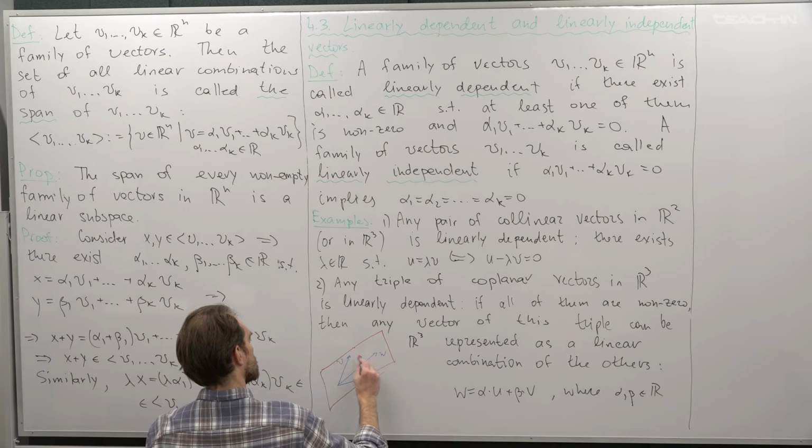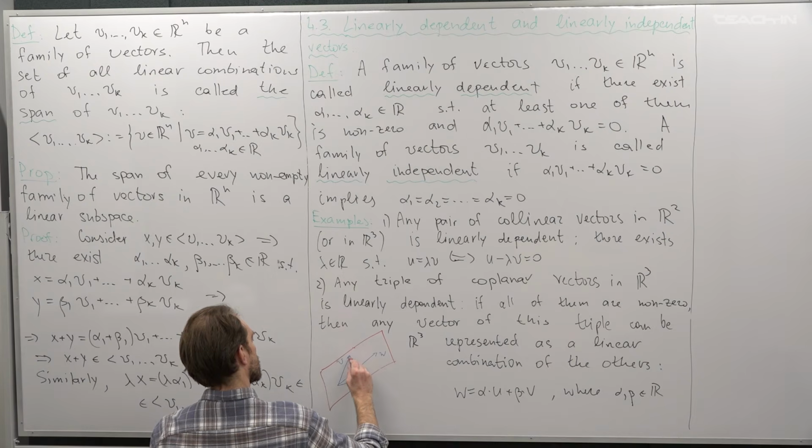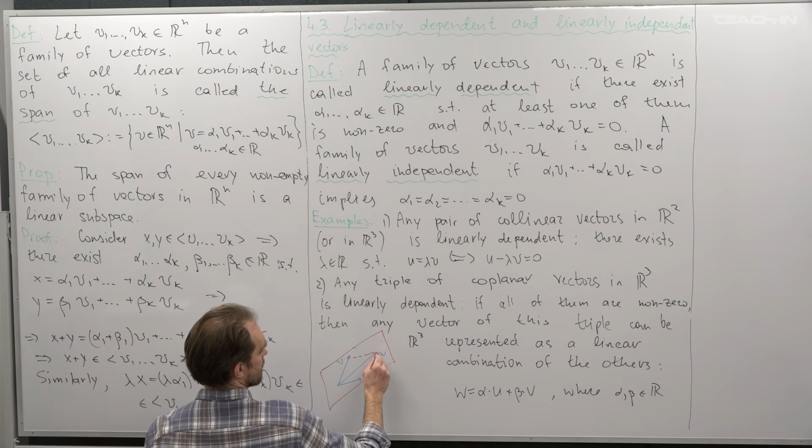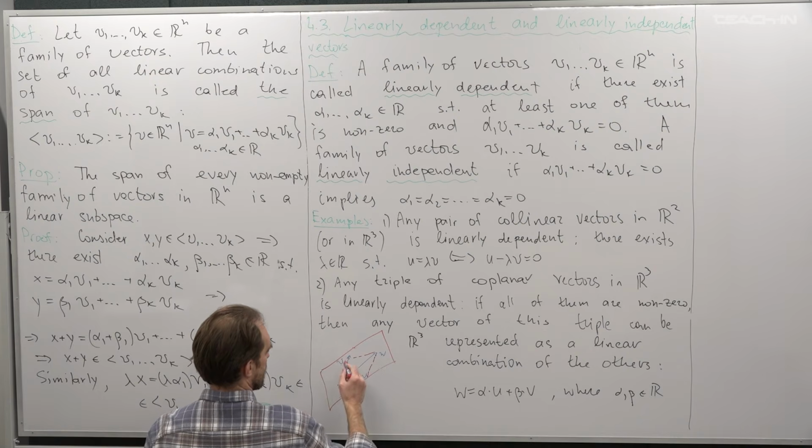How to do this? So I sketch the line that is parallel to the line that contains u here, and then I sketch the line that is parallel to the line that contains v. And I consider vectors of this form.